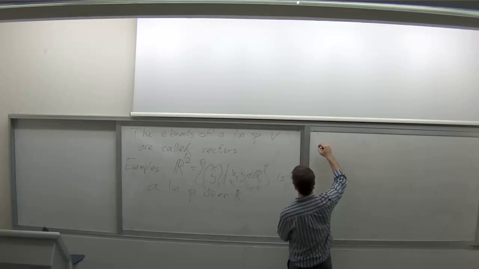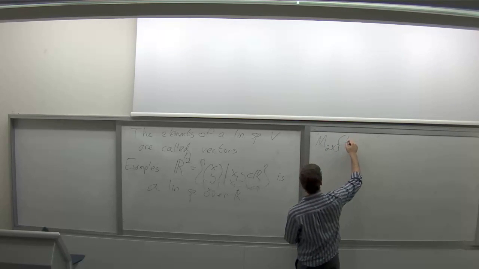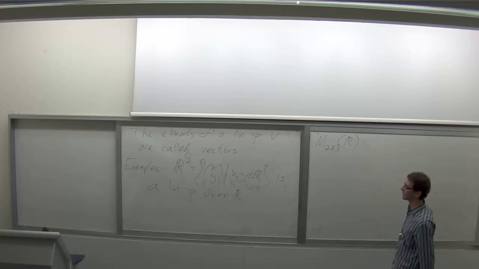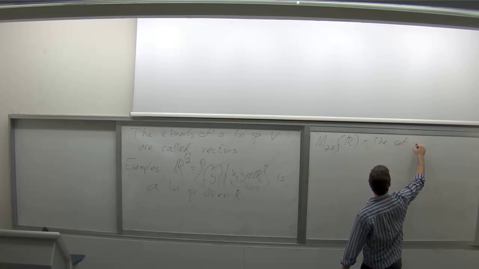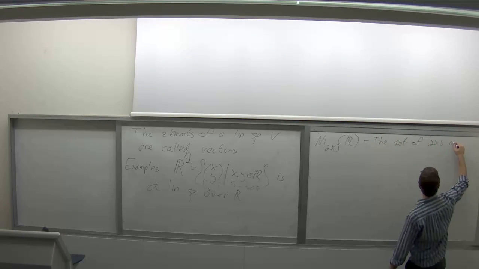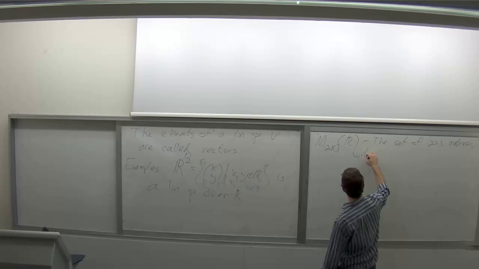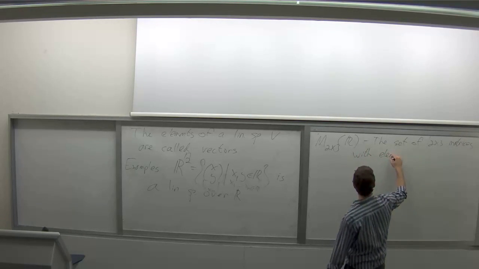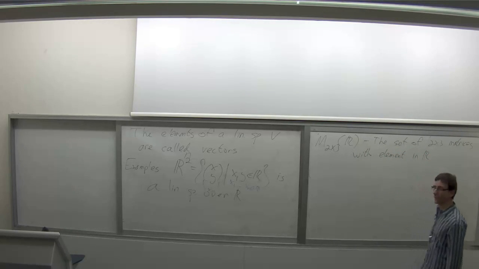Okay, so for instance, M 2 by 3 over R, the set of 2 by 3 matrices with elements in R, with the regular operations, is a linear space over R. Now, it's not enough, as I told you, to say what the set is. I have to tell you what the rules are, what the summation is and what the multiplication is.